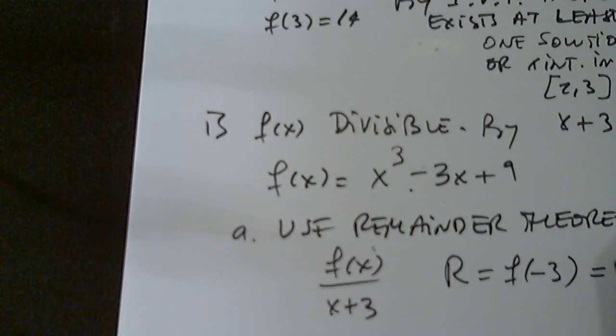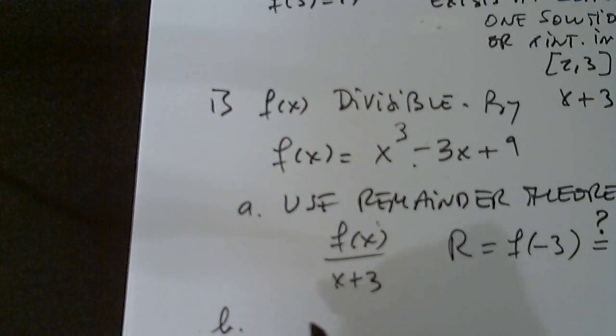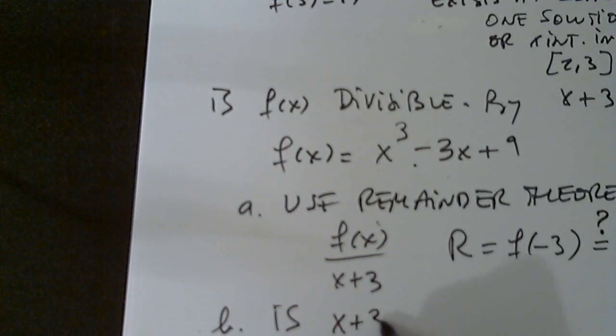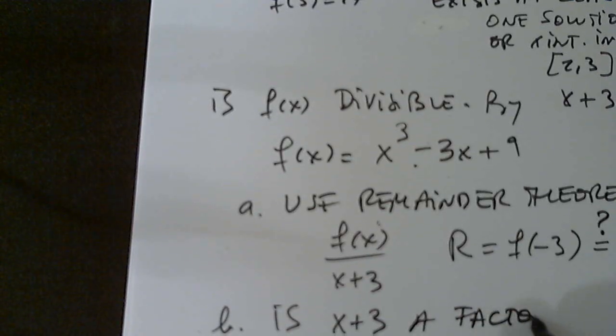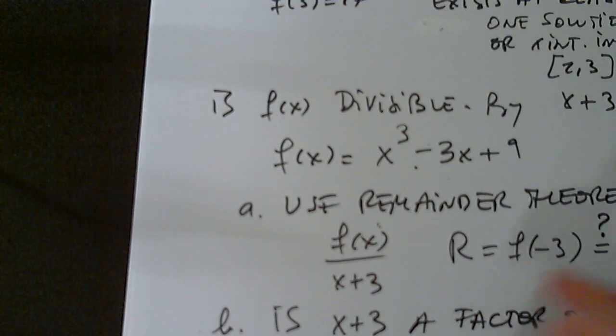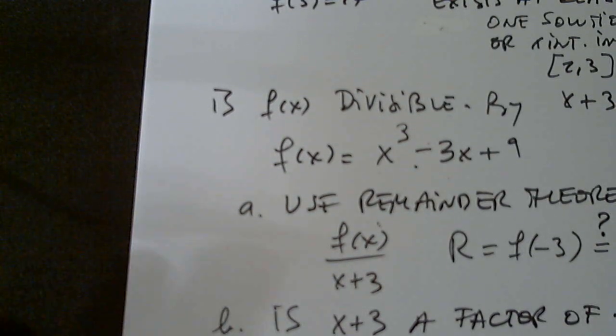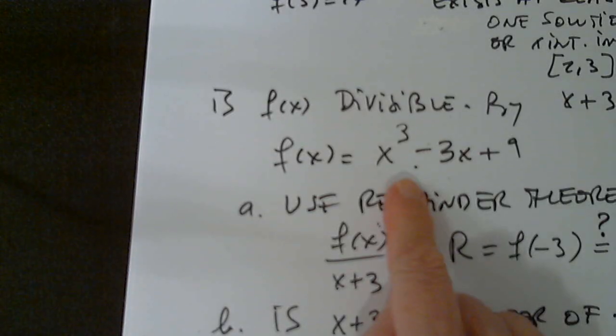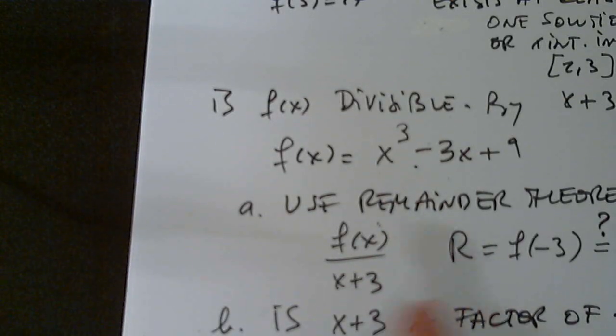I didn't calculate anything, but if f of negative 3 is 0, then in part B, I will ask, is x plus 3 a factor of f of x? And you will say yes, because the remainder is 0, or you will say no, because the remainder is not 0. That's it. So I'll put the function in the calculator, plug in negative 3, and immediately make a decision.